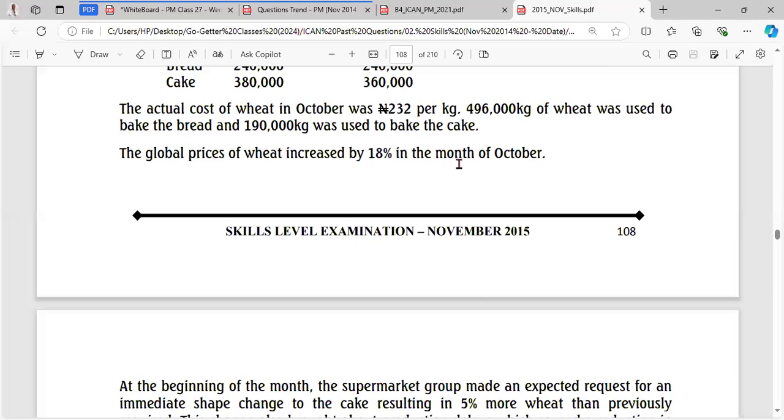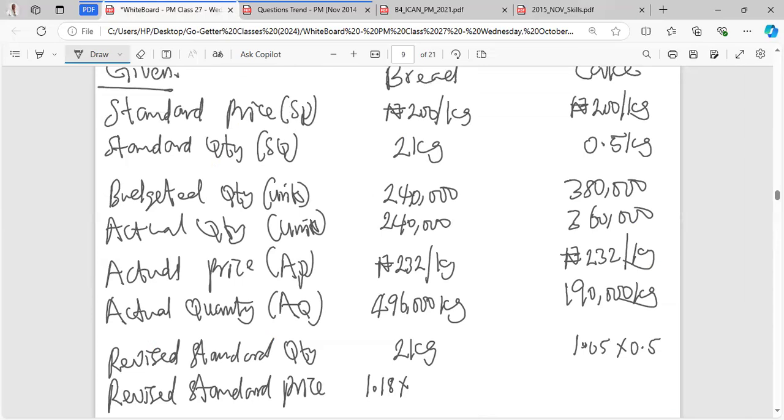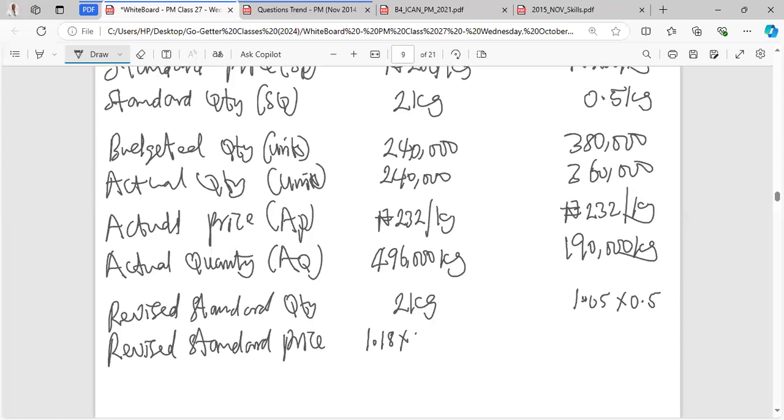So when you are planning your revised standard, you need to increase it by 18%, meaning your price of wheat will now be 1.18 multiplied by the normal standard price you had before. You had 200 as your standard. So it is 1.18 times 200.